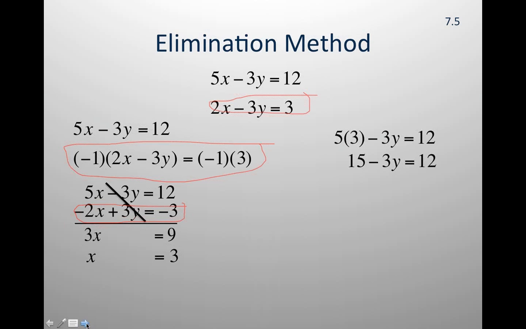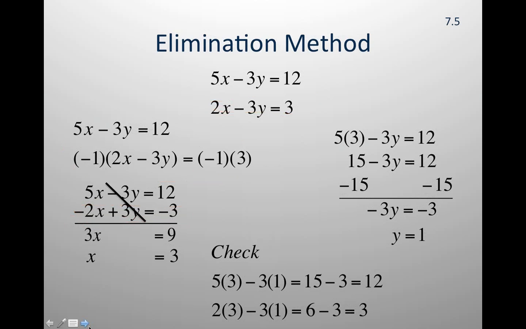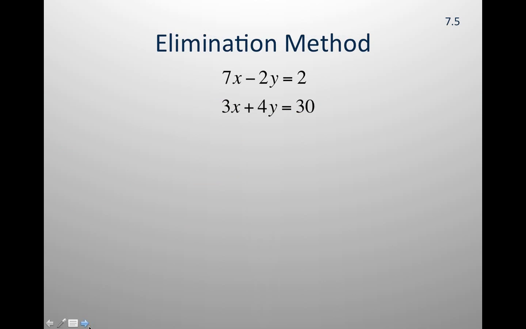And then we'll solve for y. We subtract 15 from both sides. And then we'll divide both sides by negative 3. So y equals 1. And then we can check our work by plugging in 3 for x and 1 for y in both equations. The left side and the right side must equal each other in order for it to be a solution for an equation.